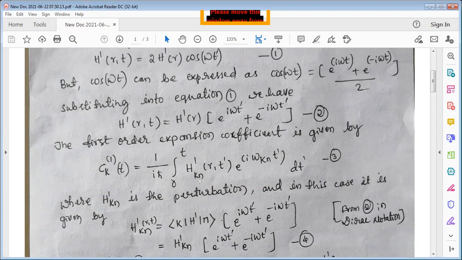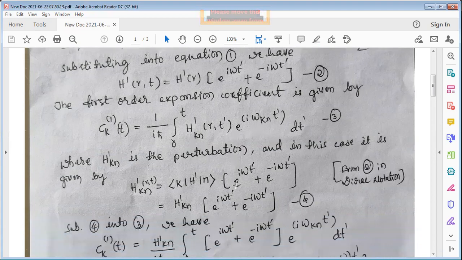Here H dash kn is the perturbation, which we write in Dirac notation, as I explained in the last session. So H dash kn can be written as the matrix element H dash kn multiplied by e raised to i omega t dash plus e raised to minus i omega t dash.